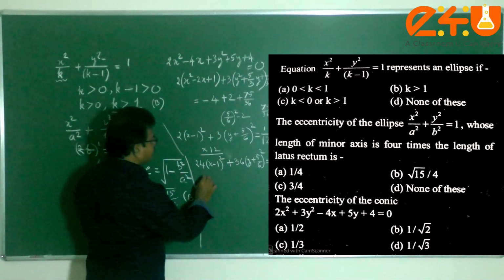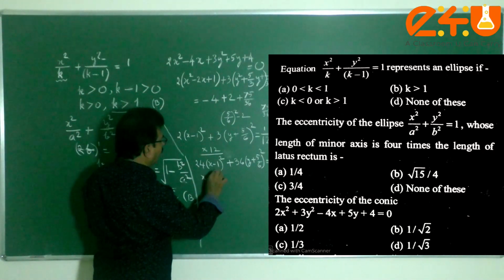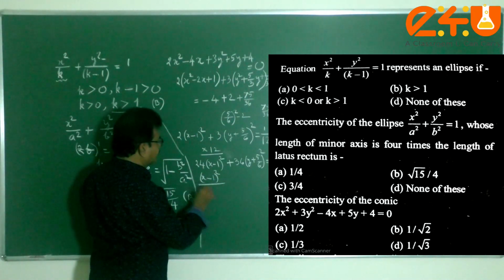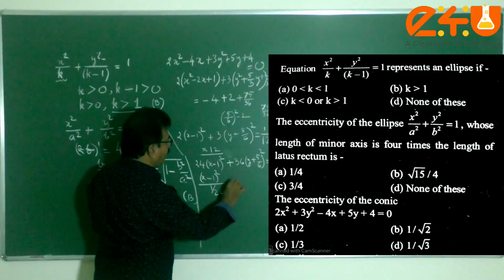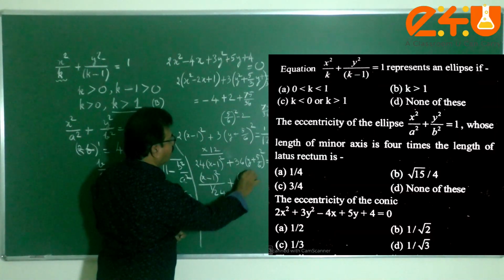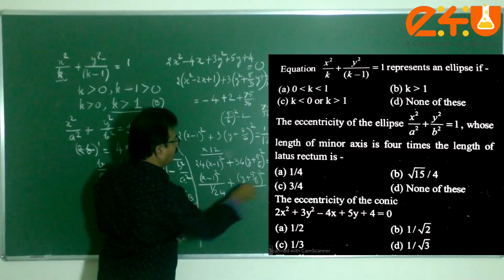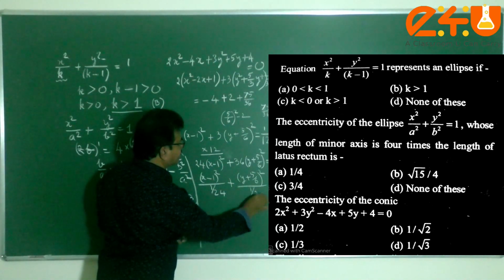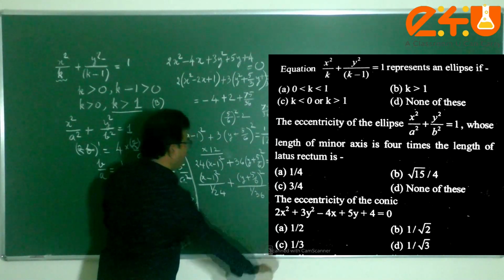So that gives us the standard equation of ellipse as x minus 1 the whole squared over 1 by 24 plus y plus 5 by 6 the whole squared over 1 by 36, equal to 1.